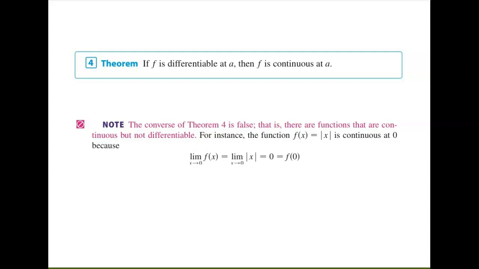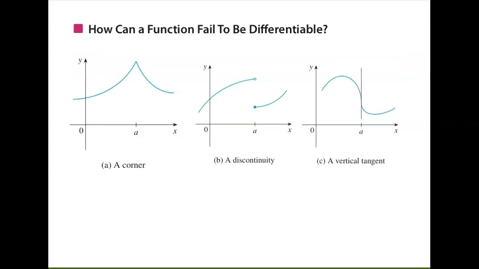Got a couple more quick examples. These are just visual examples. Okay, so how can a function fail to be differentiable? We saw that an example was the absolute value function. And we talked about this before. That's the property of local linearity. If the function has local linearity at the given point, it will be differentiable there.